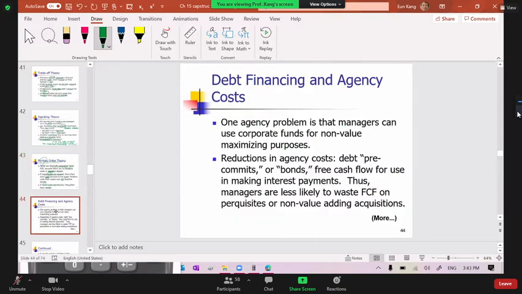Then how about agency costs? Do you remember the agency problem? We studied that from the first class of FIN 304. What is agency cost? Do you remember that?